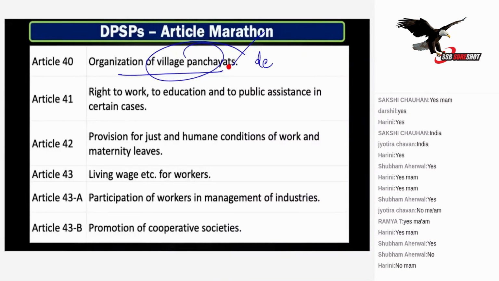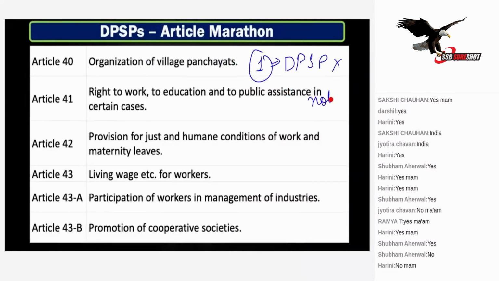Now, one point which you all need to remember is that these DPSPs are not at all binding. When I say that, I mean that if the government wants, it will take these guidelines seriously.